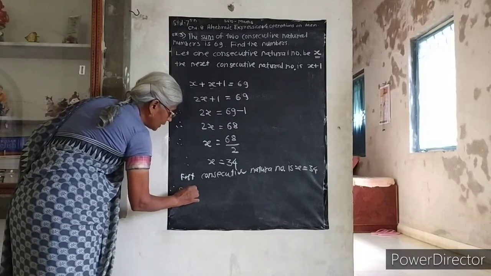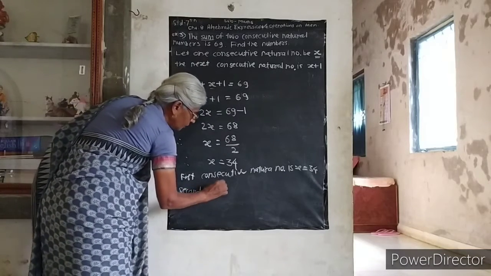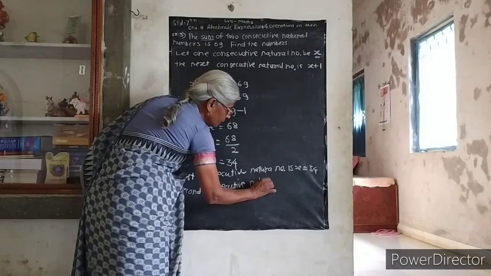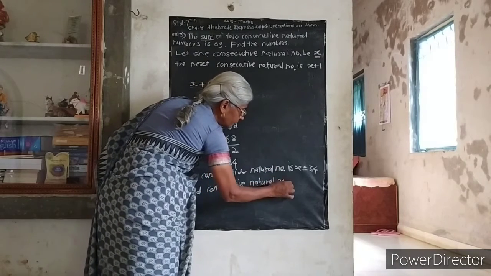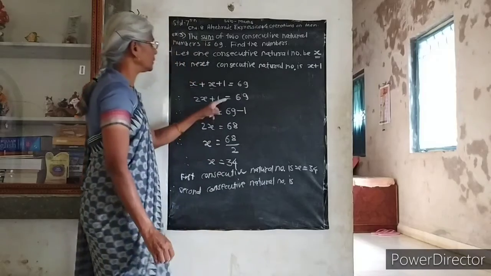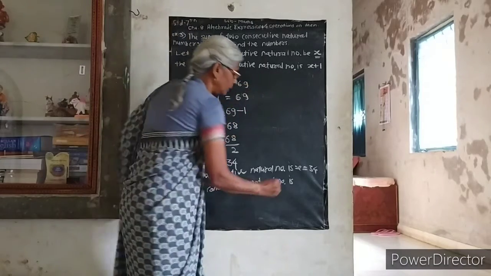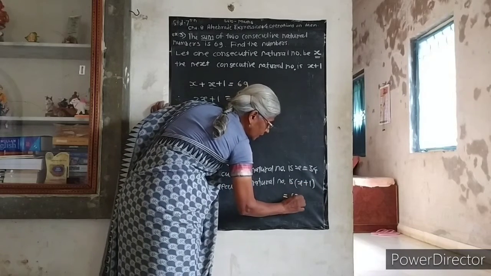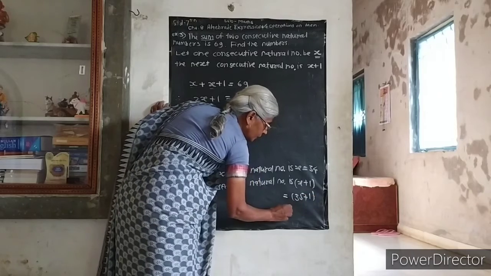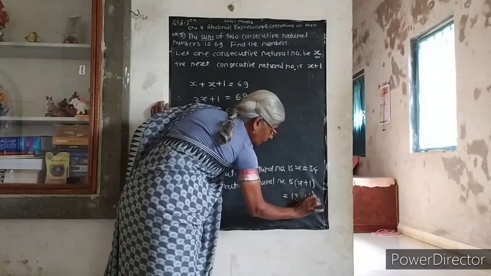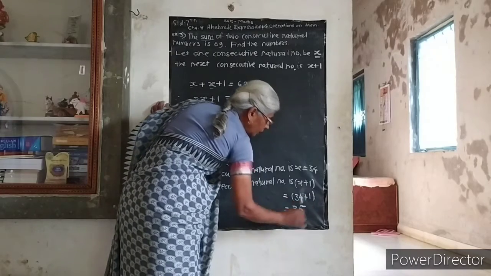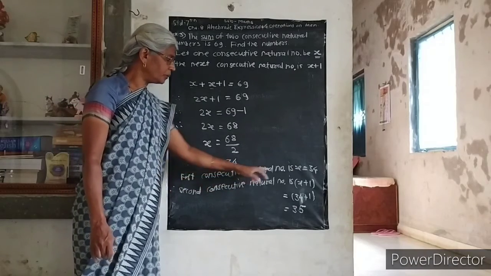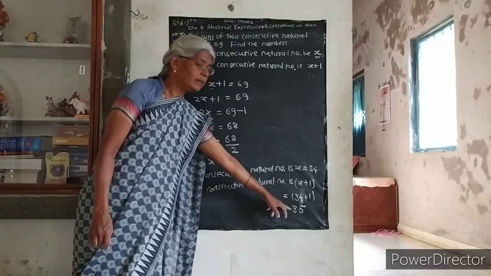Therefore, the second consecutive natural number is, see here, x plus 1. Put the value of x, 34 plus 1 is equal to 35. Then these two consecutive numbers are 34 and 35.